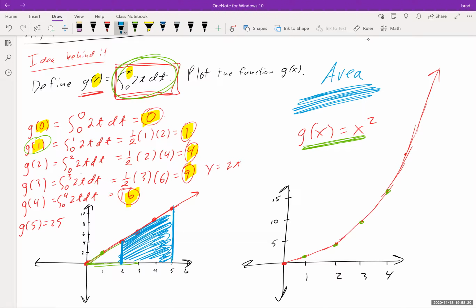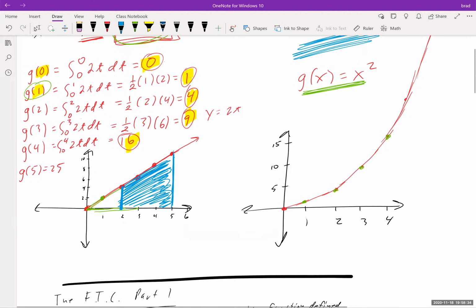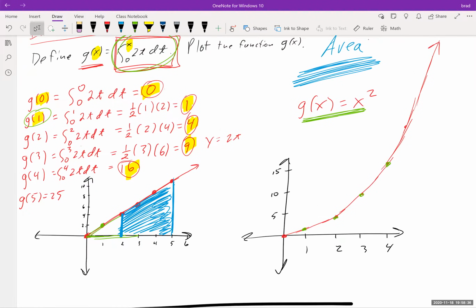So the thing is when we come back over here to this guy, how would I have found, if I wanted to know the area under the curve from 2 to 5? Okay, so what I would say is, well, I would find the big triangle, right? So the big triangle would be this whole thing.